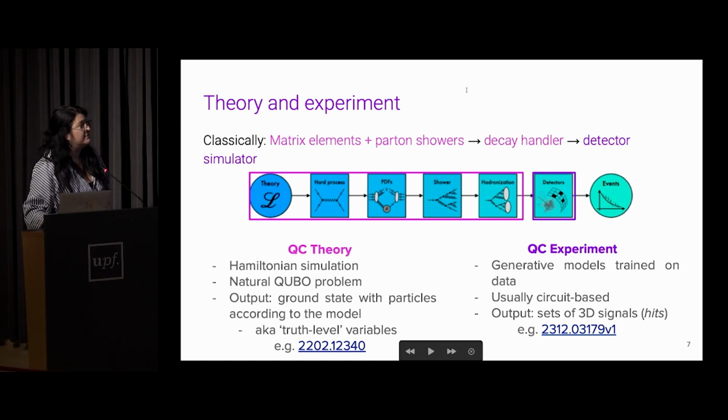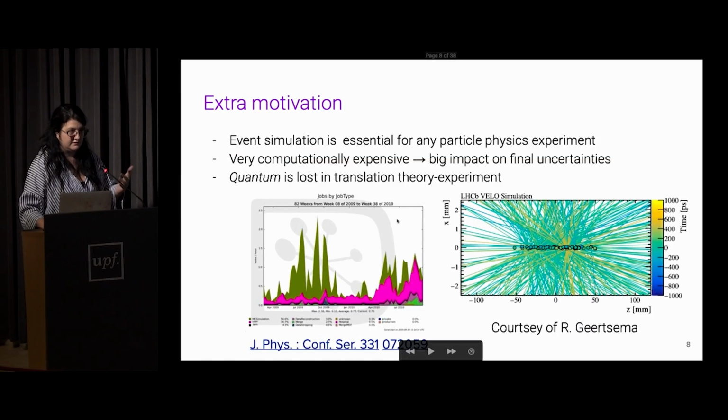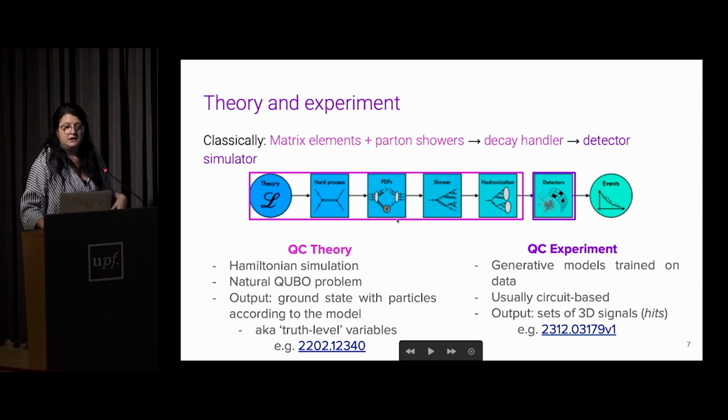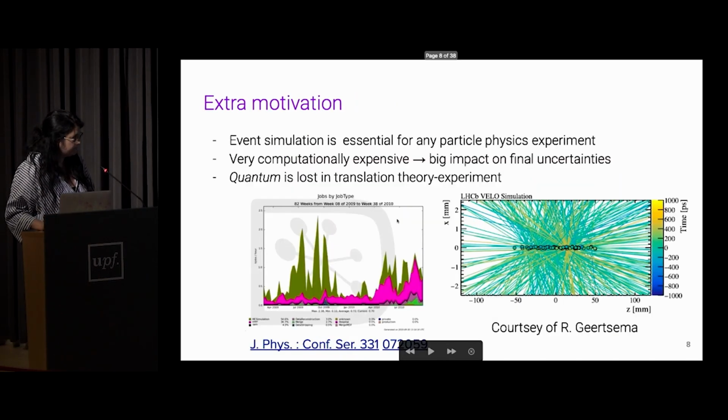Even though it's the same thing and part of the same chain, it really does not go from beginning to end. It stops and then it moves forward in a different way. So we thought, why don't we try to approach this differently so that, A, we don't get the quantum lost, and B, we hopefully can integrate everything together so that we have a coherent way of simulating things.